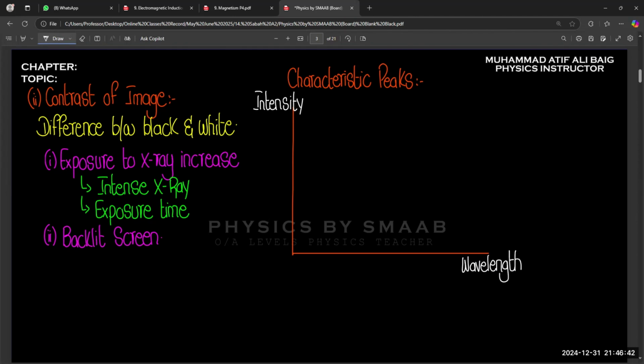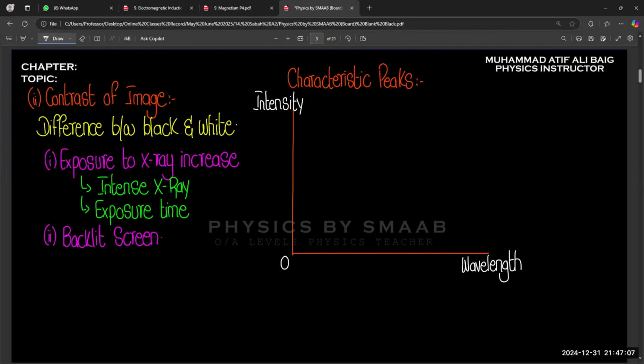And from the photoelectric effect, we know that some minimum amount of frequency, wavelength, or energy is required, right? Just like in the photoelectric effect, we studied that a minimum amount of frequency or energy is required to emit electrons from the metal surface. So definitely we are not going to start from zero.